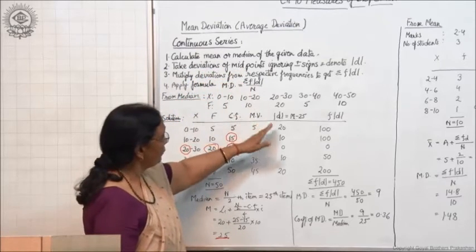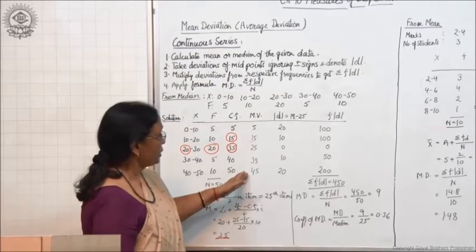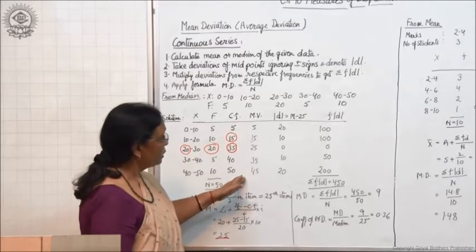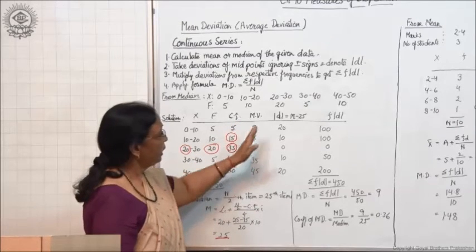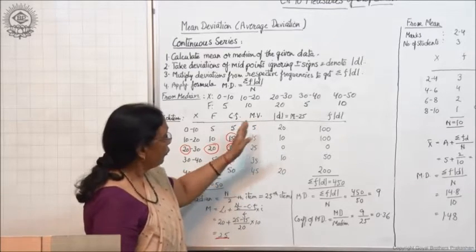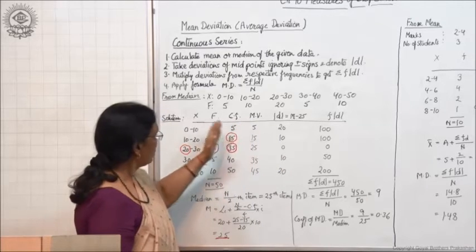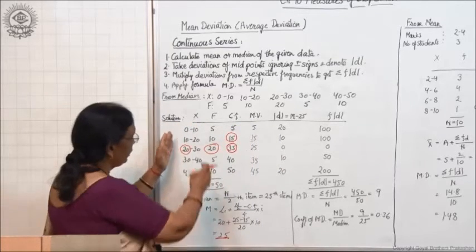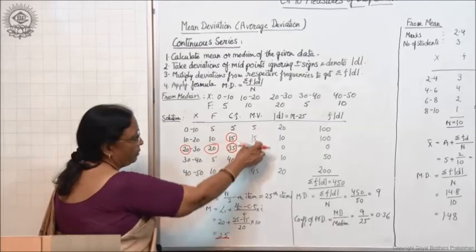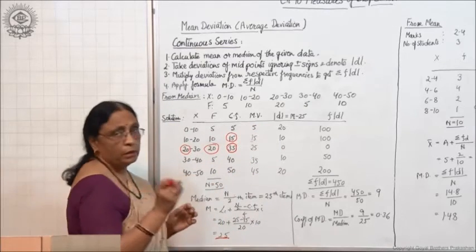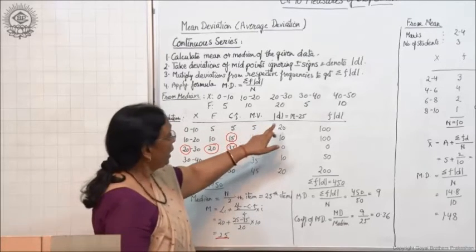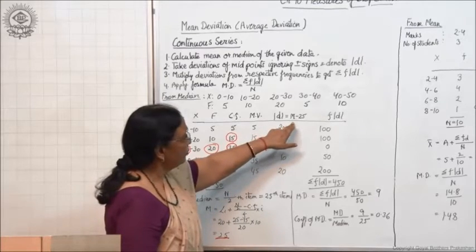So for deviations you need the midpoints. So calculate mid value first and then take out the deviations from this mid value, because it is difficult to calculate deviations from this column. So we have taken the mid value to make it easier, the central value, and deviations are taken from median.